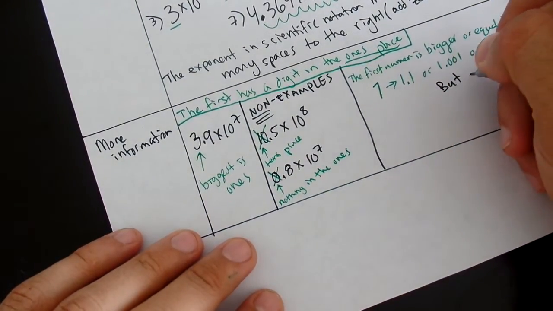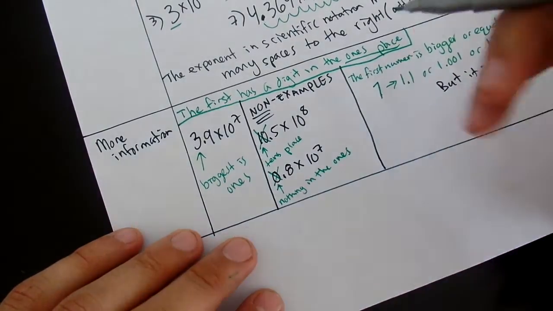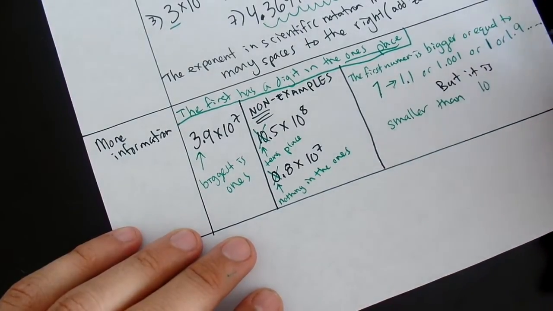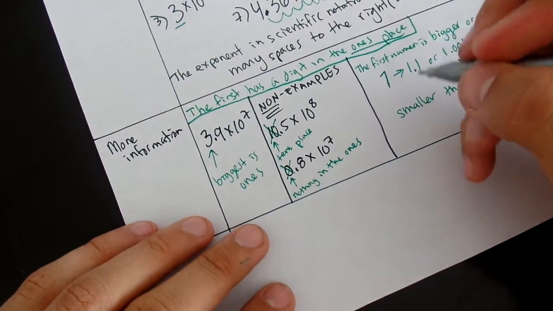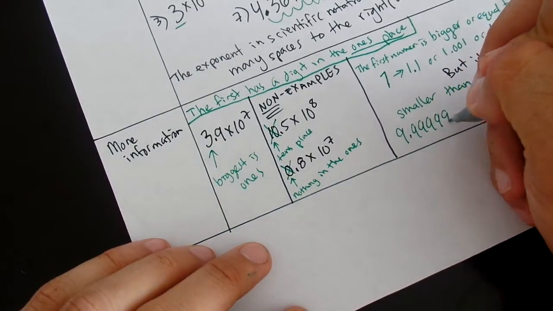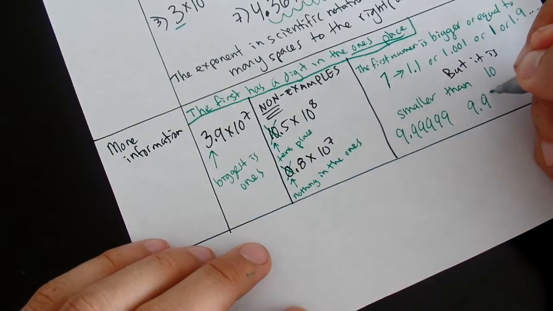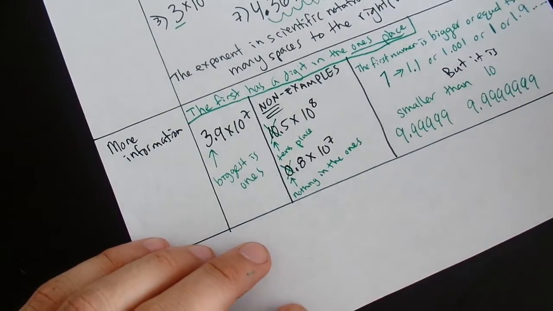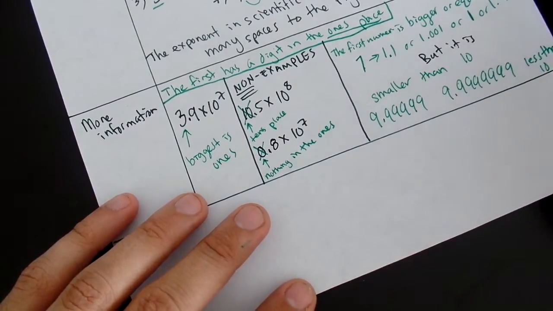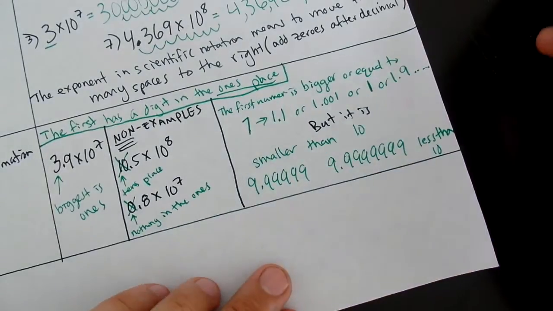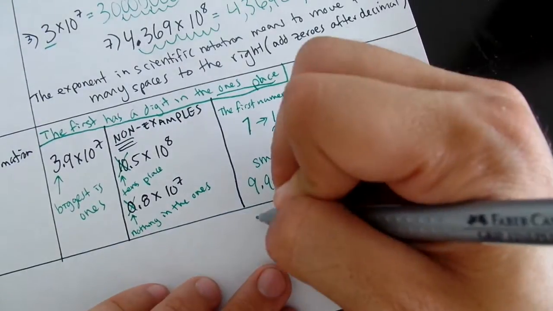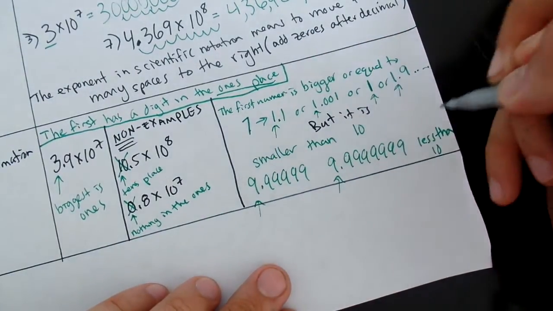But it is smaller than 10. So the maximum it could be, well, not the maximum, but this means it could be like 9.999999. It could be 9.9999999, as long as it's less than 10. What that means is, for each one, you only have a number in the ones place. Okay?